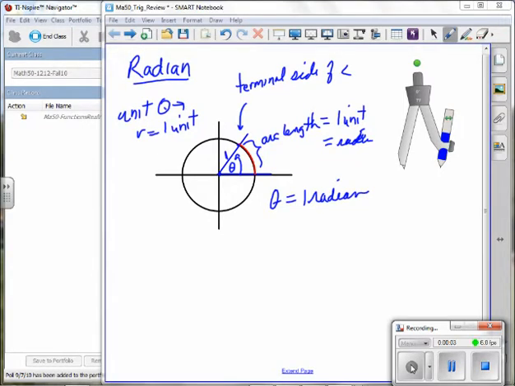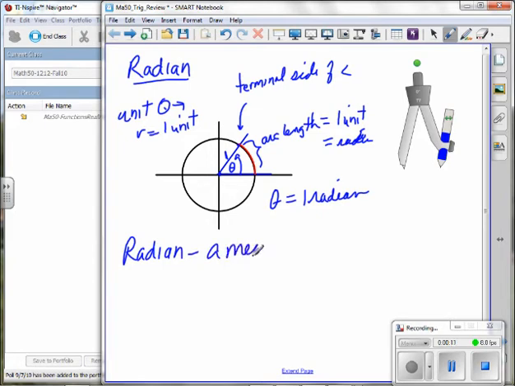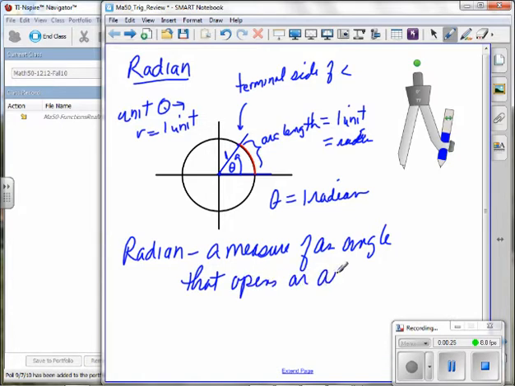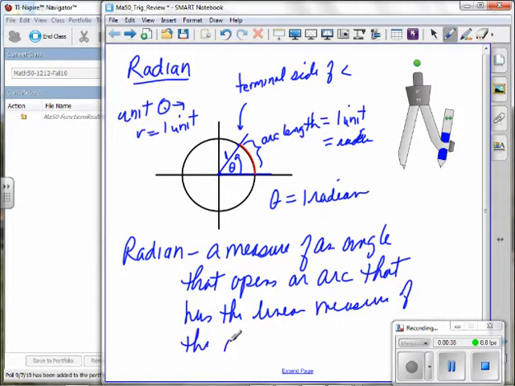So that's what a radian is. A radian is a measure of an angle that opens an arc that has the same linear measure as the radius of the circle.